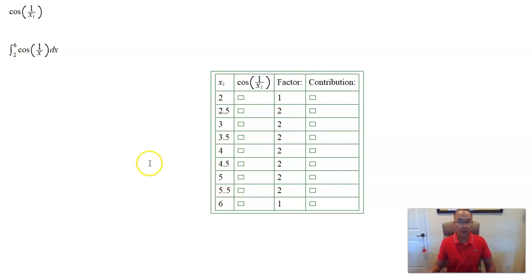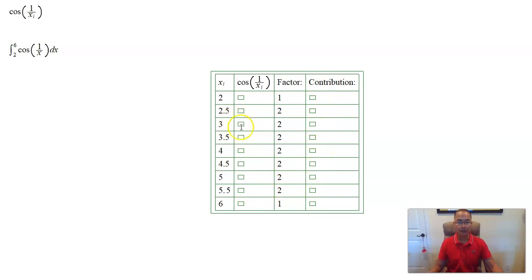We're going to compute the y-coordinate at each of these x-coordinates. And after we get the y-coordinate, we will multiply by the factor that appears in the trapezoid method. So the first and the last endpoints, we do not do anything. We just copy them over here.